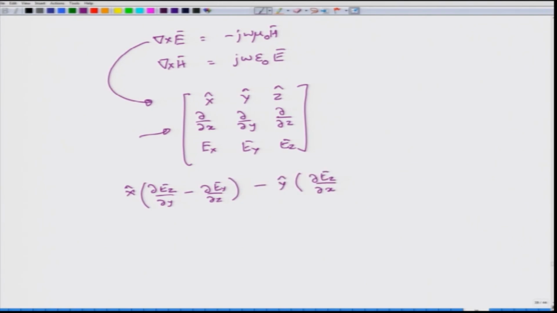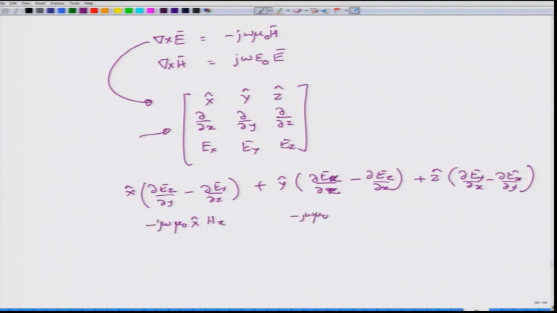Since I am going to anyway take the minus sign later on, I can actually rewrite this as del Ex by del z minus del Ez by del x. The z component of this field will be del Ey by del x minus del Ex by del y. Okay. This should be equal to minus j omega mu naught x hat Hx minus j omega mu naught y hat Hy and then minus j omega mu naught z hat Hz.